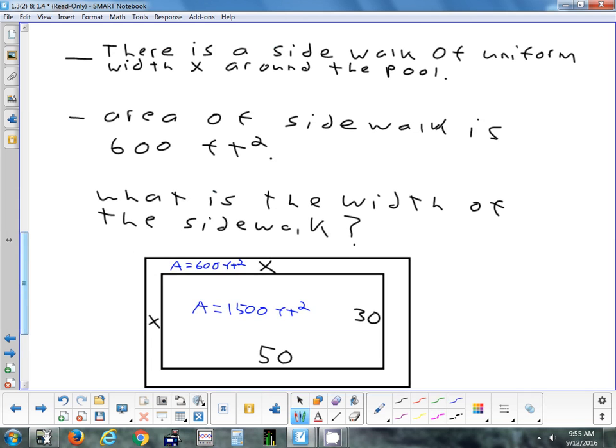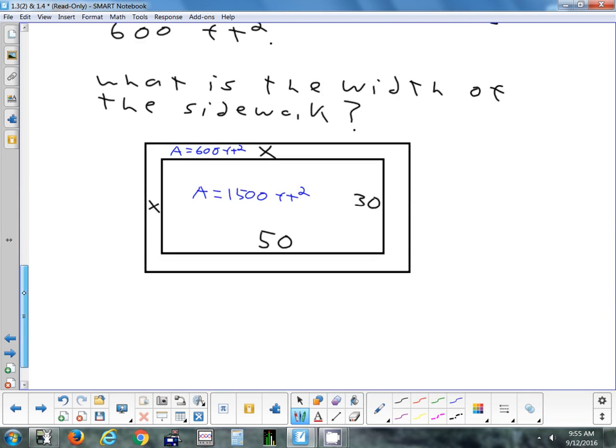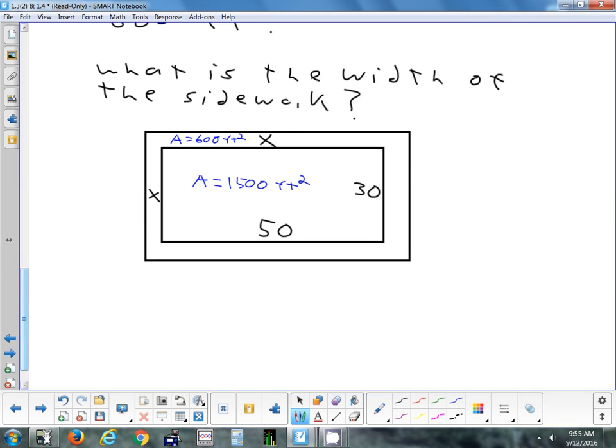Kate? You already got both, so you can make an equation for both of them. So when you say both, what do you mean? Both the areas. Can you explain what the areas I have are? 600 and 1,500.